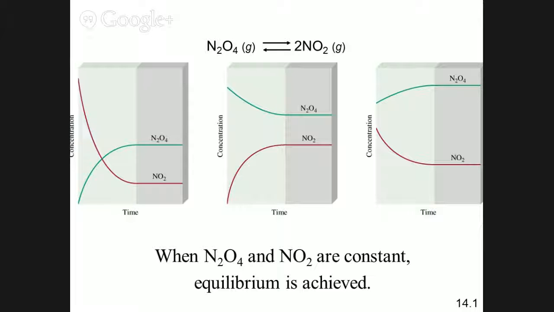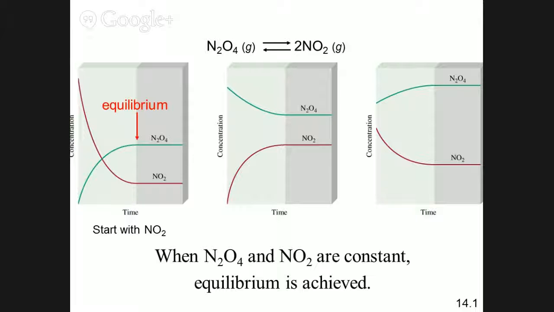It comes down because we're getting rid of the reactant. We're making product, and so the green one's coming up because we're making more of it. But at some point, after we started with just NO2, we will reach equilibrium.